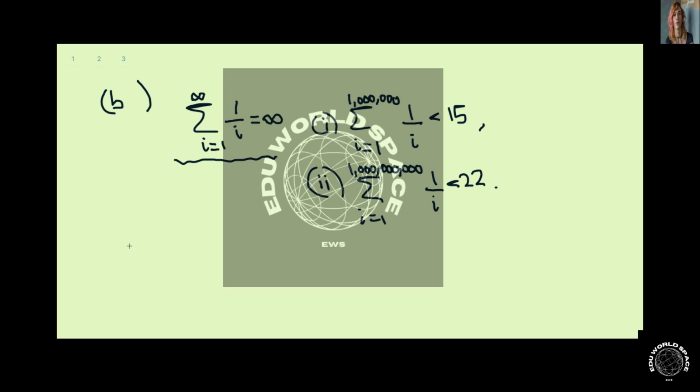Now for the first one, we'll use the inequality. Remember what we showed in part A: Sn is at most 1 plus natural log of n. So plug in 1,000,000 for n.